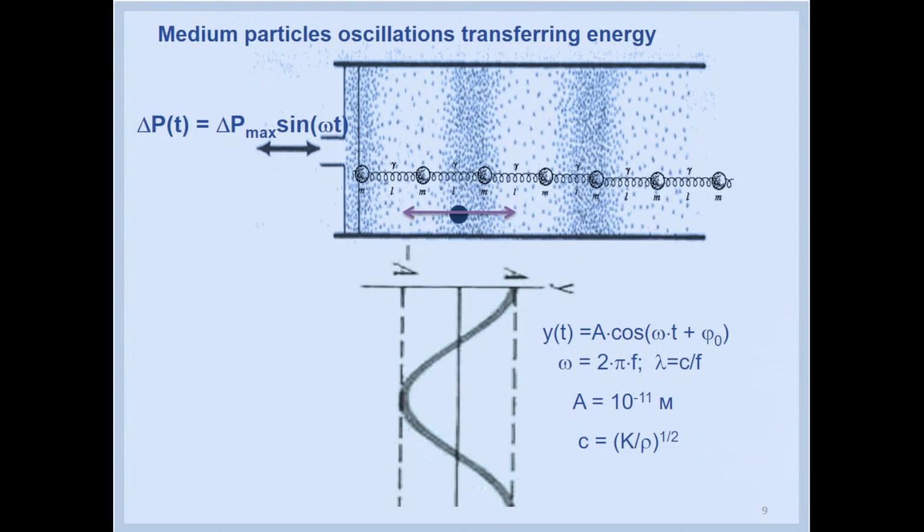The particle is surrounded by its neighbors. Any particle that is in contact with the piston is surrounded by its nearest neighbors. And these particles that are in contact with the piston strike in turn their nearest neighbors.